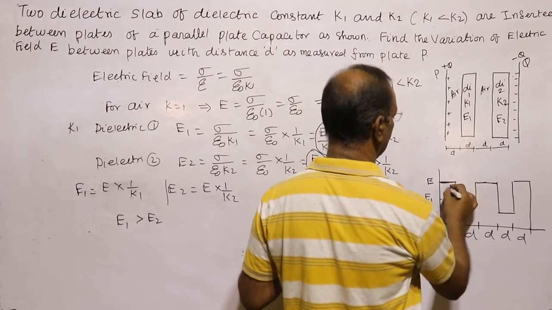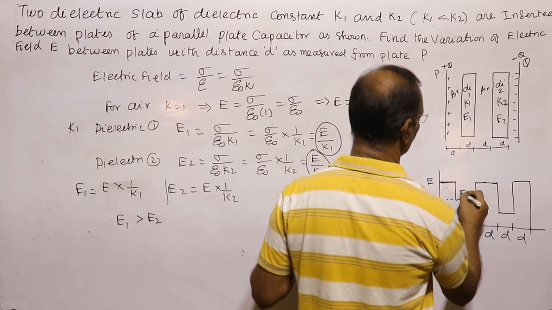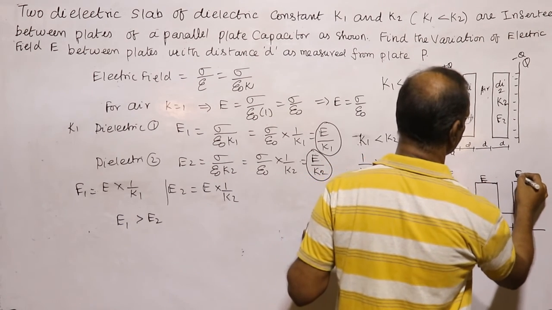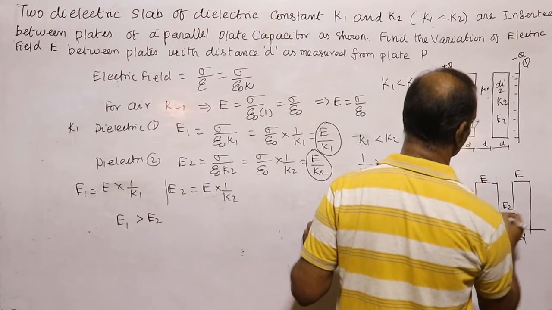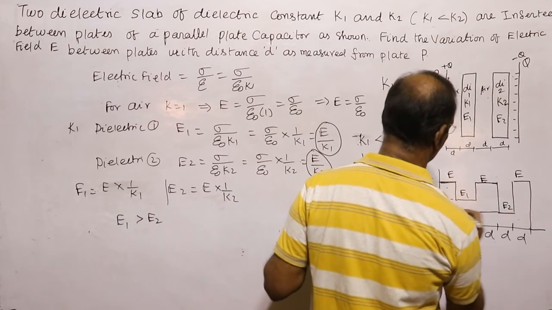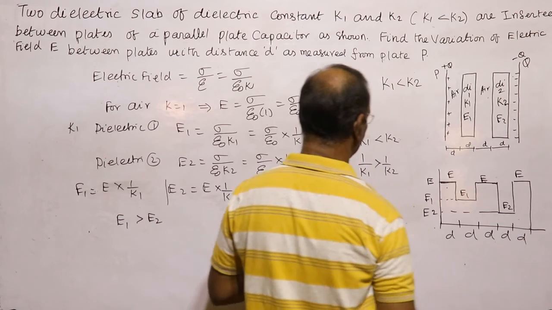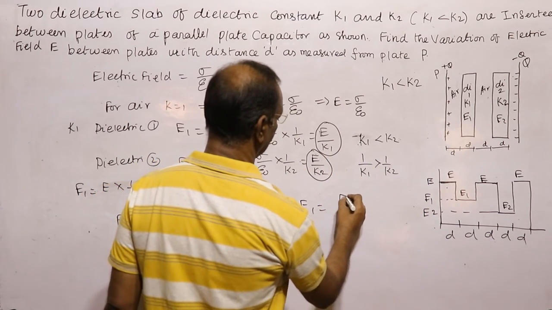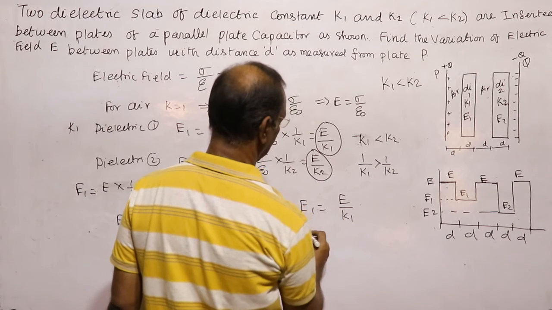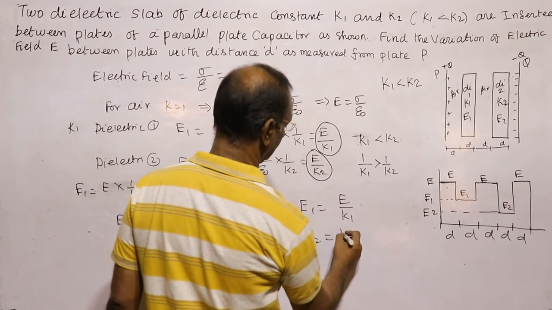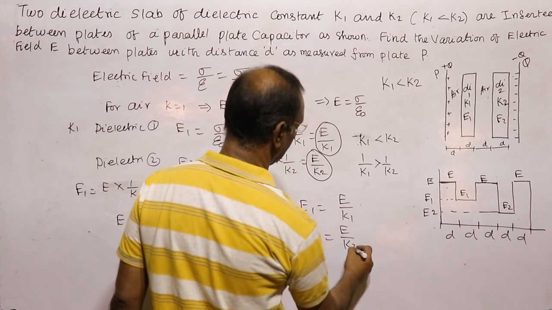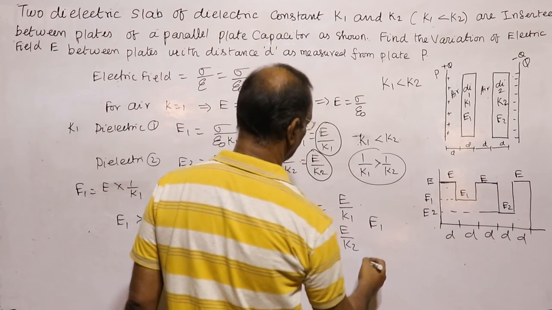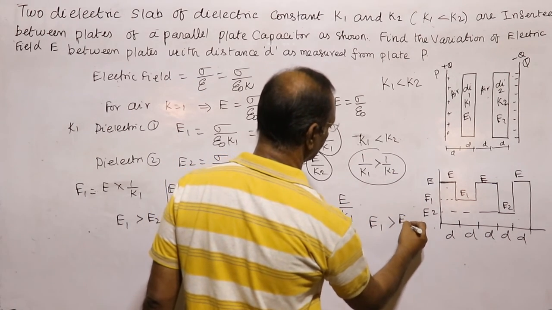So this is the value of E2, where E1 is equal to E by K1 and E2 is equal to E by K2, and since 1 by K1 is greater than 1 by K2, E1 is greater than E2. This will be the graph.